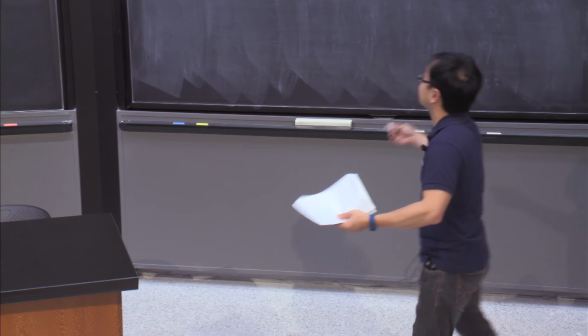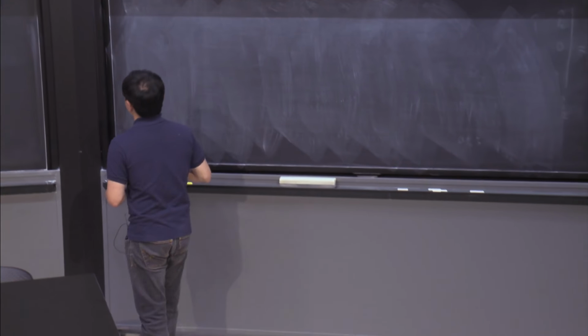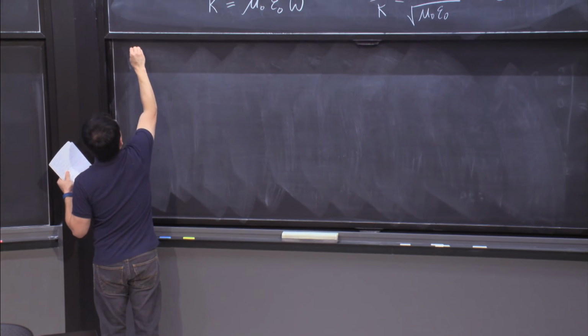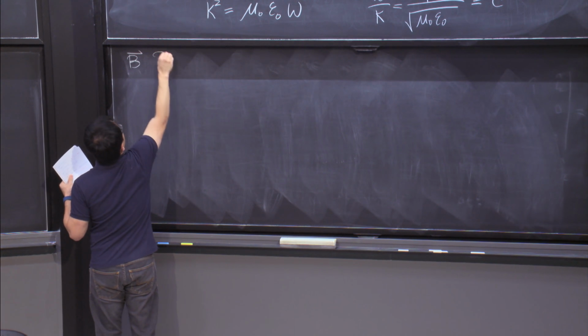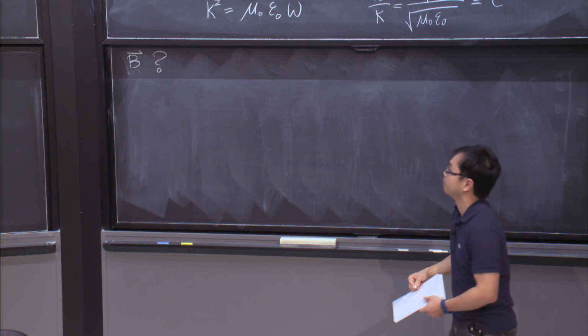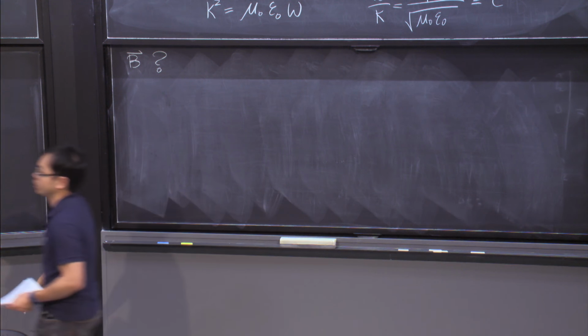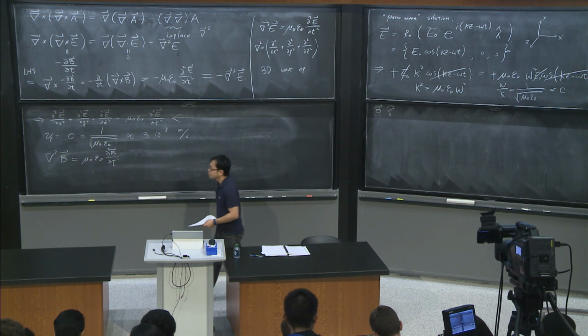So what is the corresponding magnetic field? We can evaluate that. The question is, what is the magnetic field, and how does it vary as a function of time and as a function of position in space?